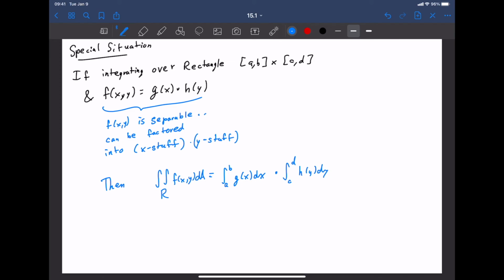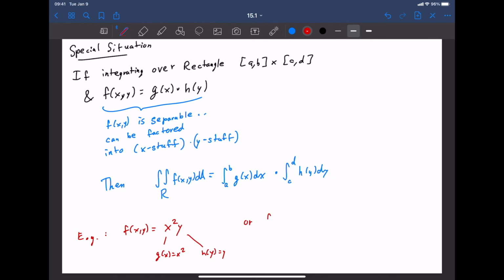So nothing else is interesting. Now, examples. For f of x y, there's lots of kinds of these, like x squared y, the first example we did. That could be separated into g of x equals x squared, h of y equals y.